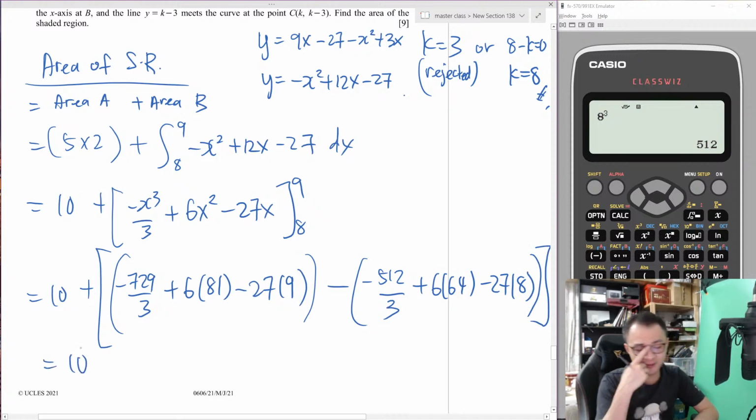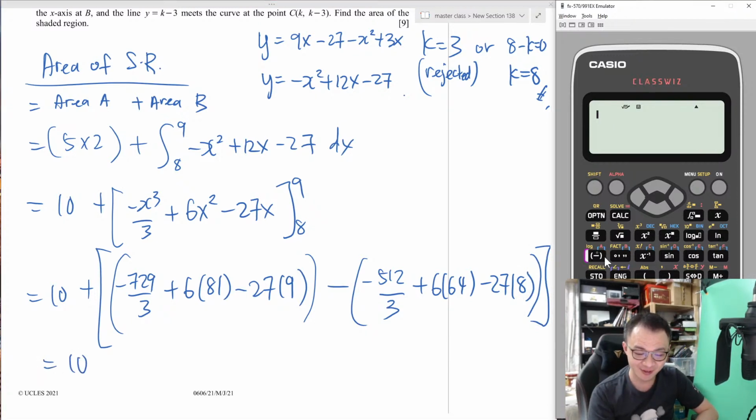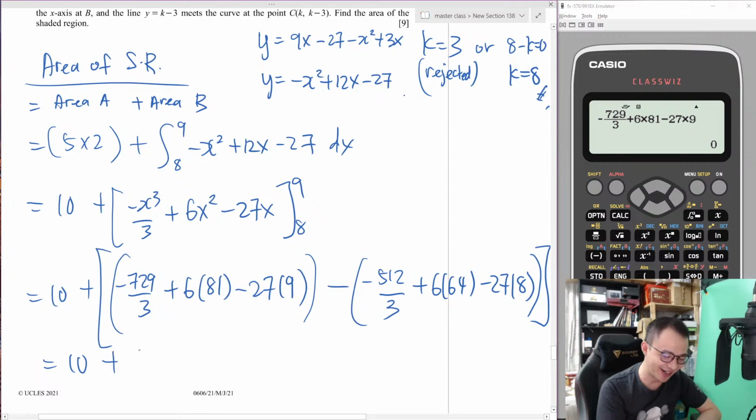Okay, then let's use calculator. Negative 729 over 3 plus 6 times 81 minus 27 times 9. Okay, I'm not sure. I hope it's correct.